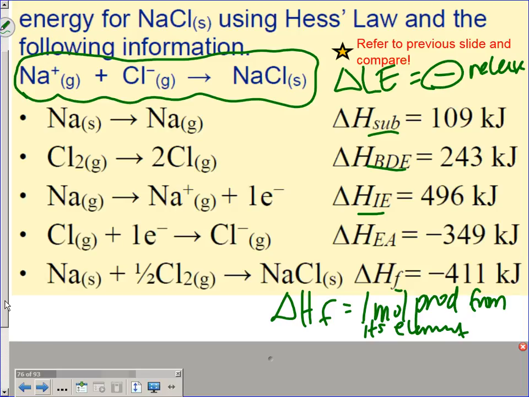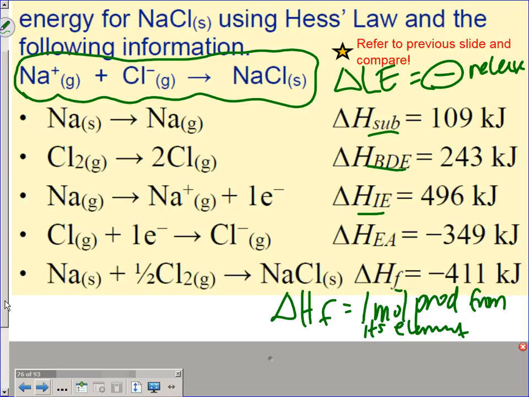Yes, you have to flip it. Sodium gas yields sodium solid. The sodium solids will cancel, so we're in good shape there.